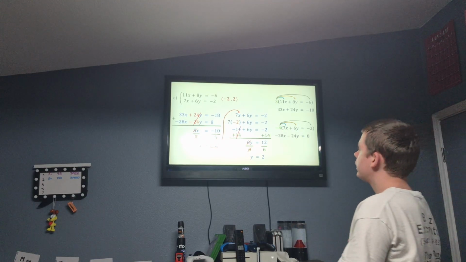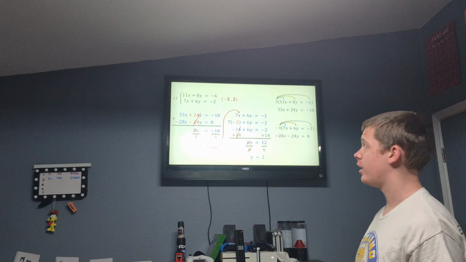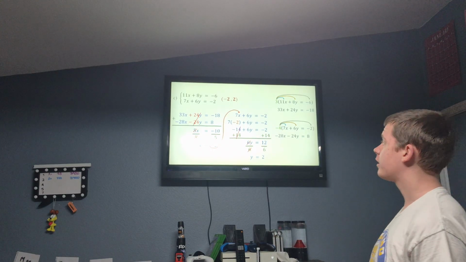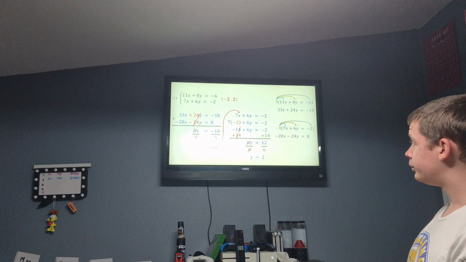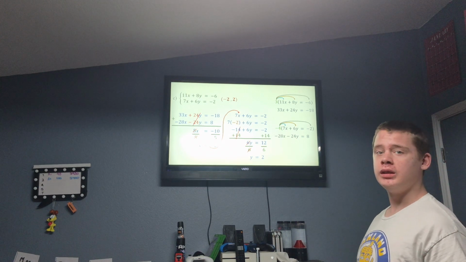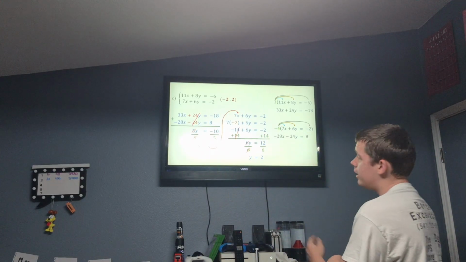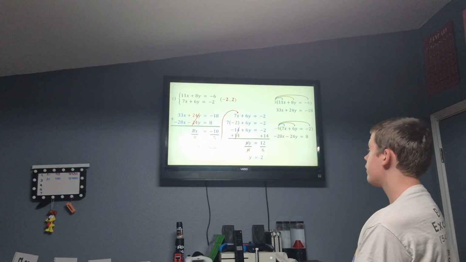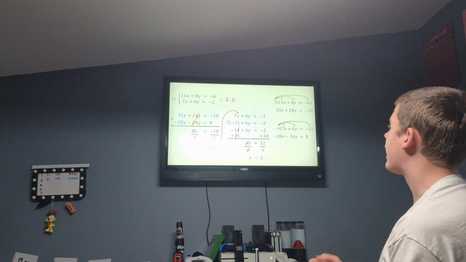So, he did 33x plus 24y equals negative 18. He added negative 28x minus 24y equals 8. So, now he had 5x equals negative 10. He divided by 5, and got x equals negative 2. He substituted that into the second equation for x.